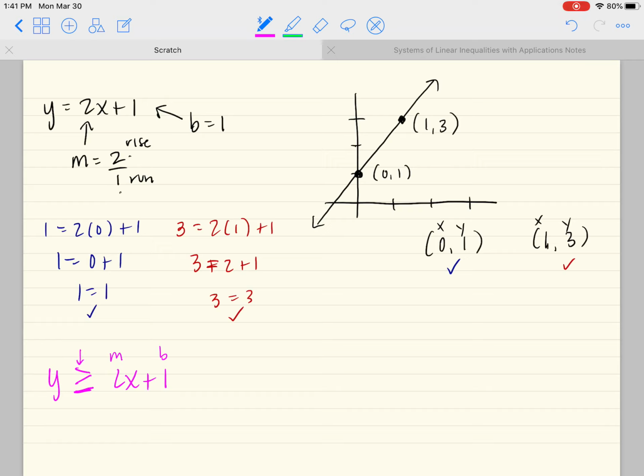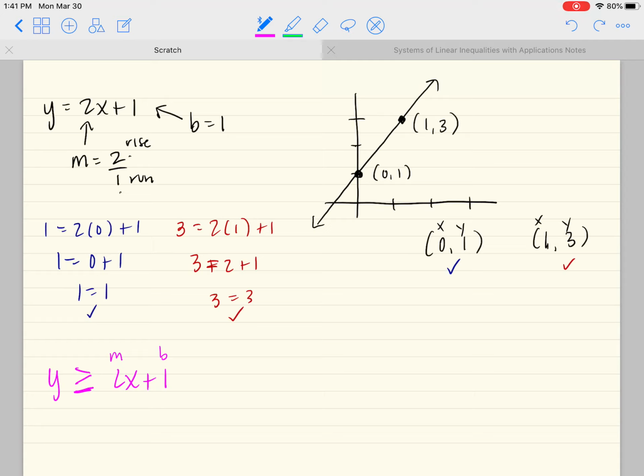All the points on the line equal to are still considered solutions, but now we have this extra piece, right? If we're greater than or equal to, that means that not only are the points on the line considered solutions, so we would still have this same graph here, but now all the points greater than that line, which are above that line, are also considered solutions. And to represent those solutions, we would shade the area above the line.